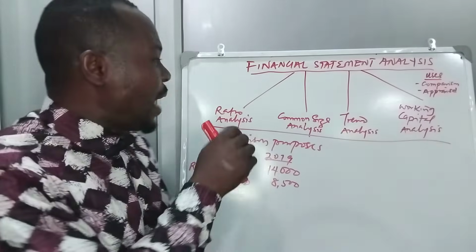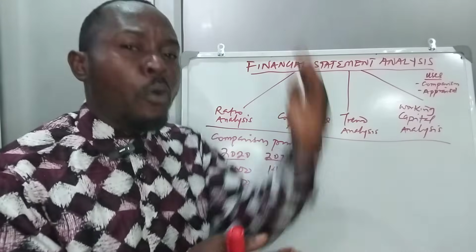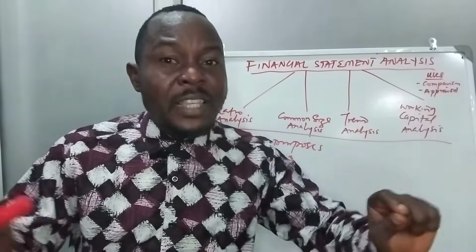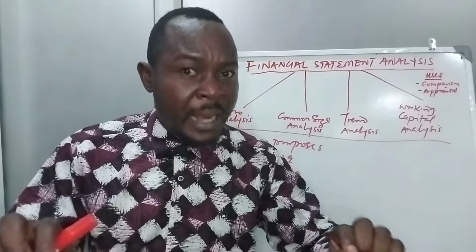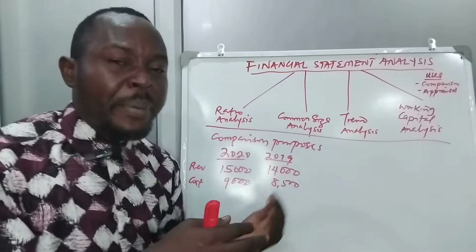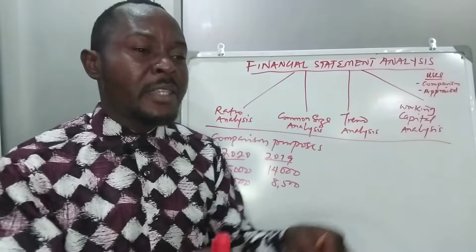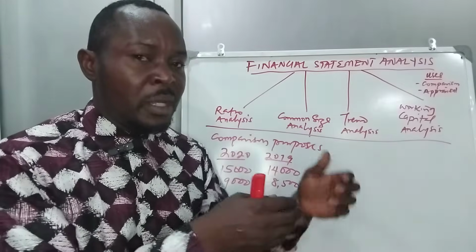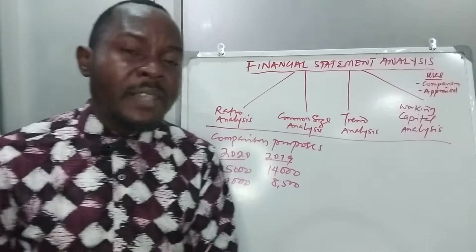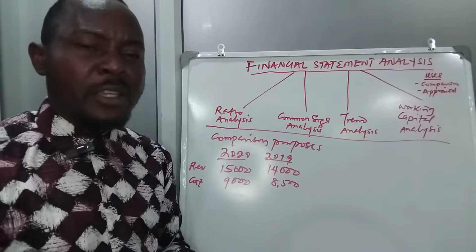The appraisal can also come in the form of the performance of one product of the entity compared with another product which has some similarities. You understand it? You can use it to appraise their performances also. You can use these tools to appraise the performances of one unit of the same entity with another unit in the same entity, and so on and so forth. I hope this makes sense to us.